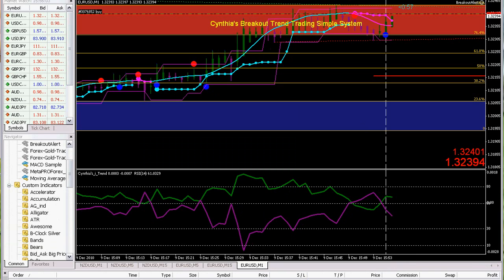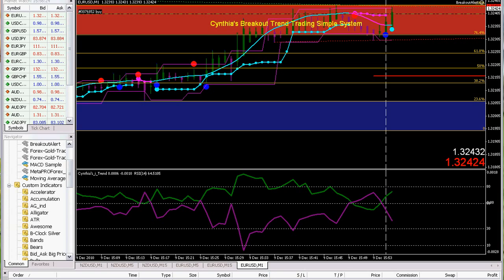Let's see where we got the trade. Okay, we got in at 32.40. We're at $4 in profit. Look at it run. And I have this set for trailing stop 50, which is actually just 5 pips in an ECN account.